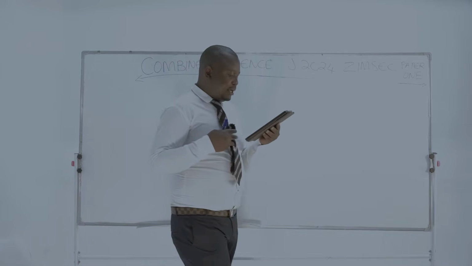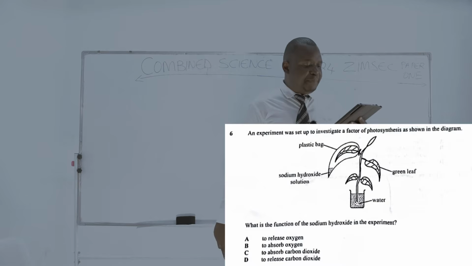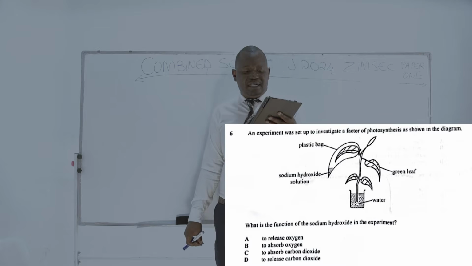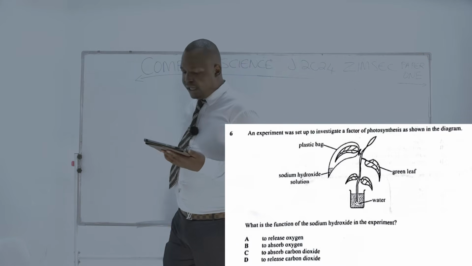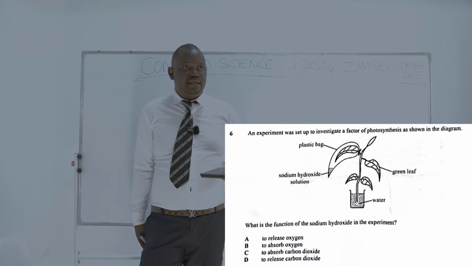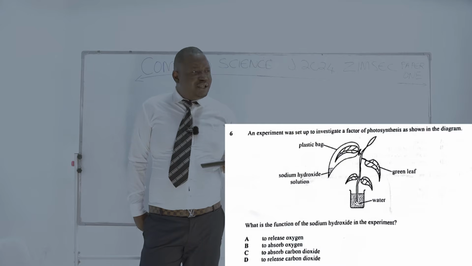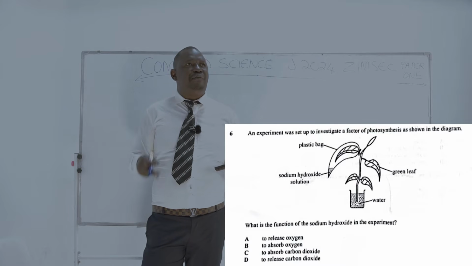Okay. Question 6. An experiment was set up to investigate a factor of photosynthesis as shown in the diagram. Right. First, you need to identify which factor is being investigated here.